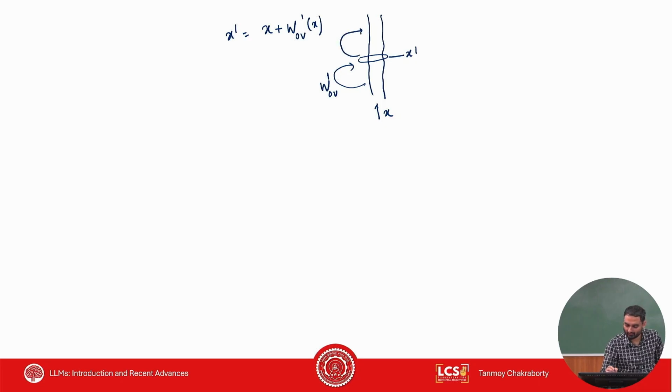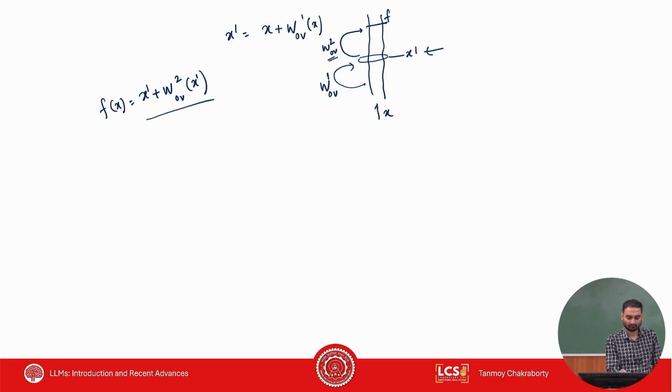Similarly, you have another OV circuit, W2 OV, and that will produce the final output F. So F of X is X1 plus WOV2 X1. Clear? X1 is here. I have passed this thing through WOV2, and it will produce this one. So this is my final output after 2 layers with only the OV circuit, without feed forward network.